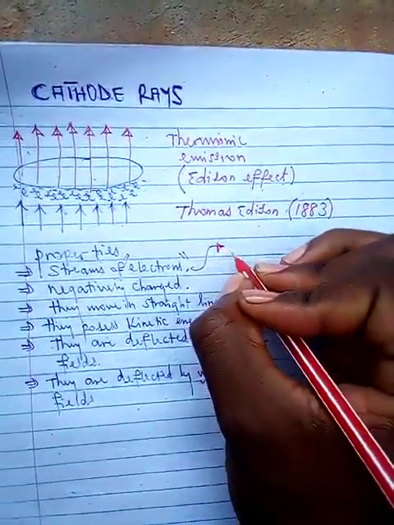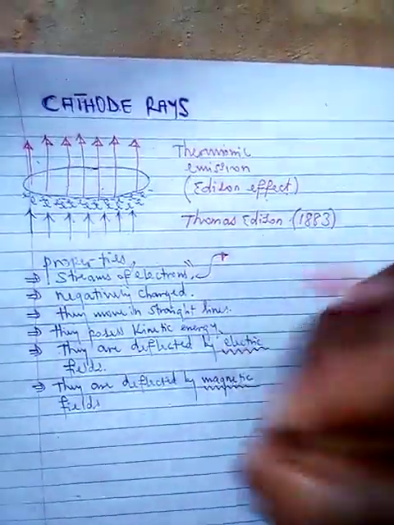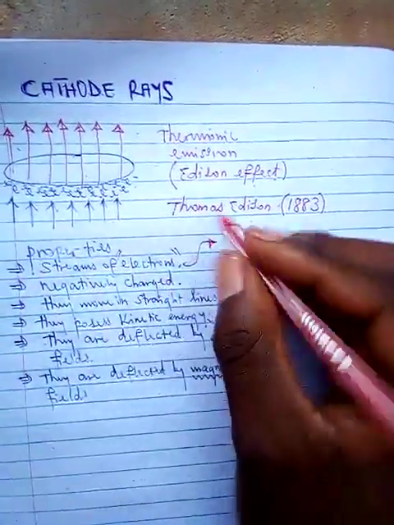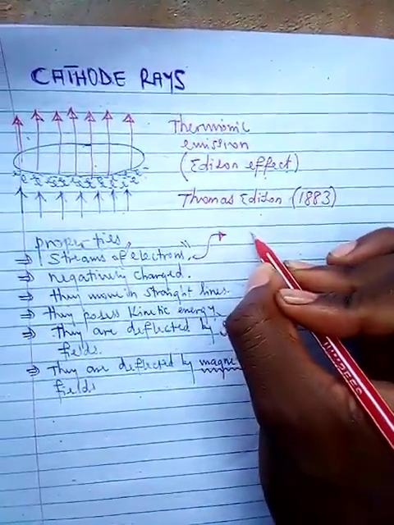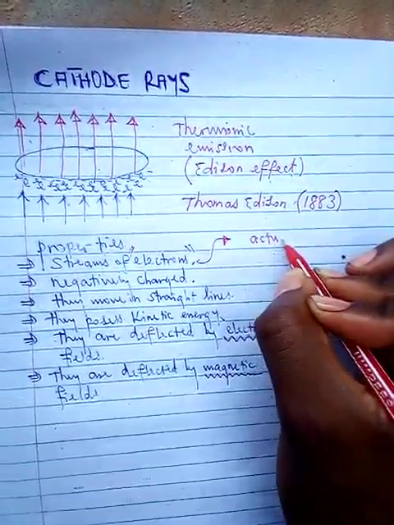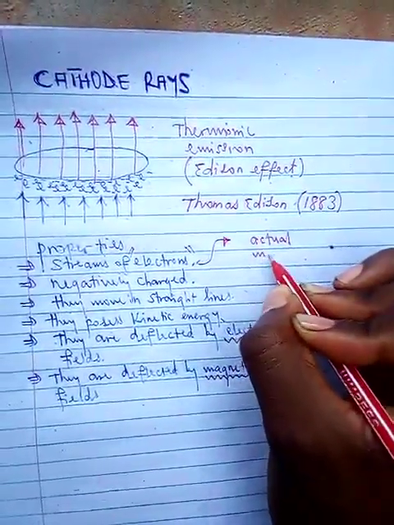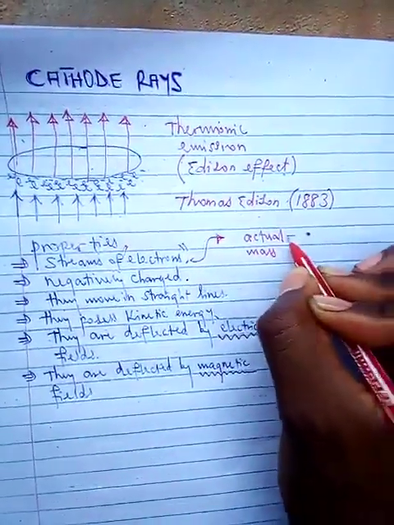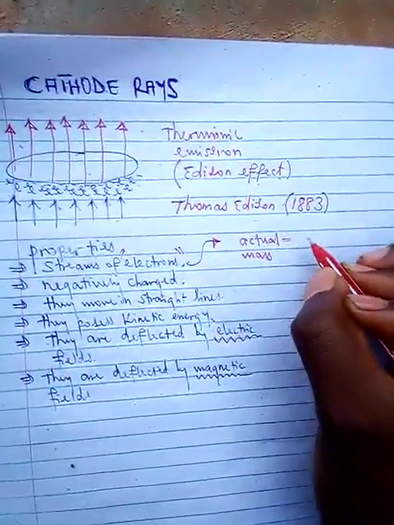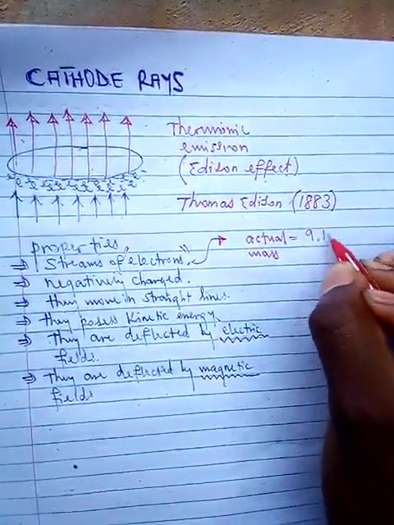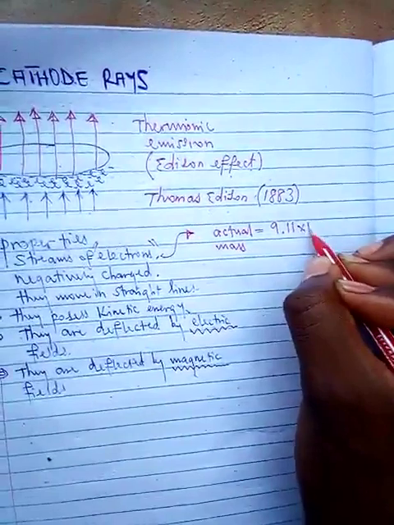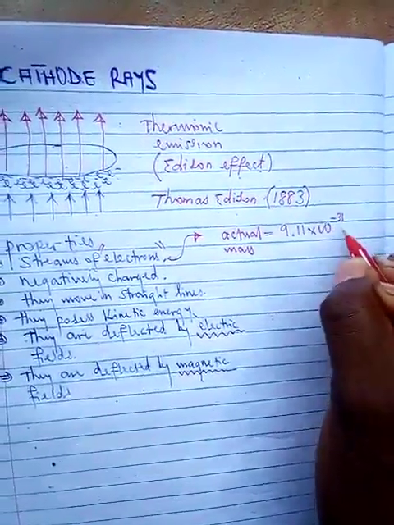So what I wanted to add is that the actual mass of an electron is 9.11 times 10 to the power negative 31 kg.